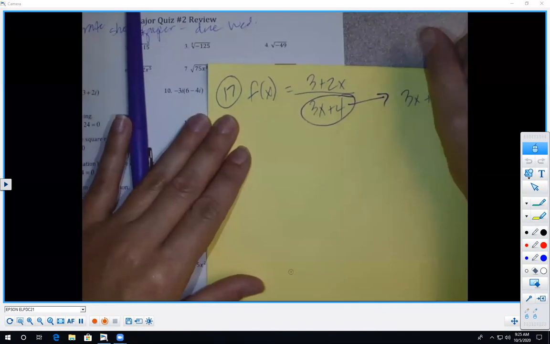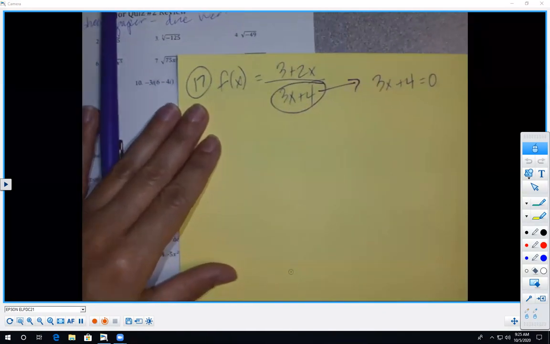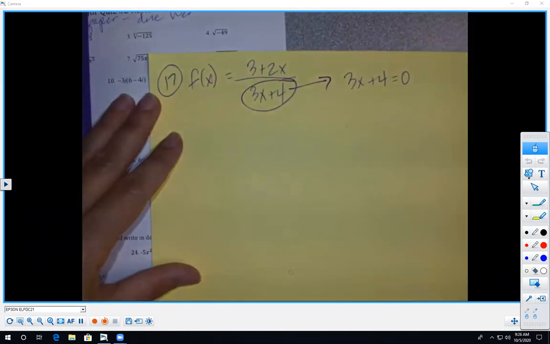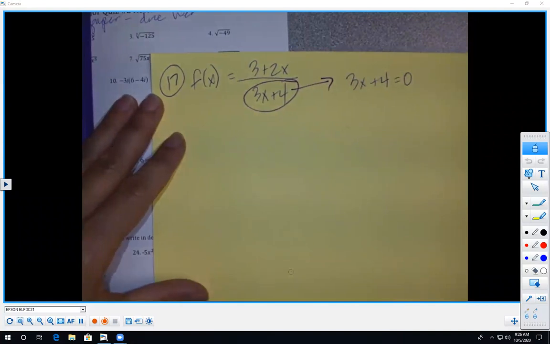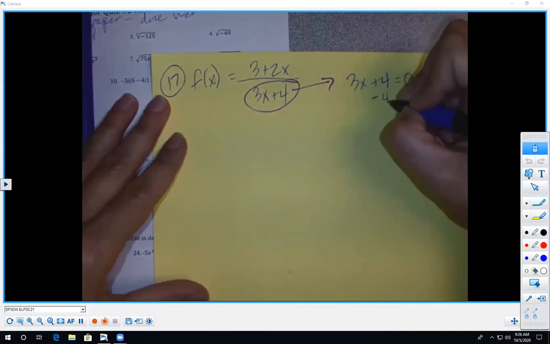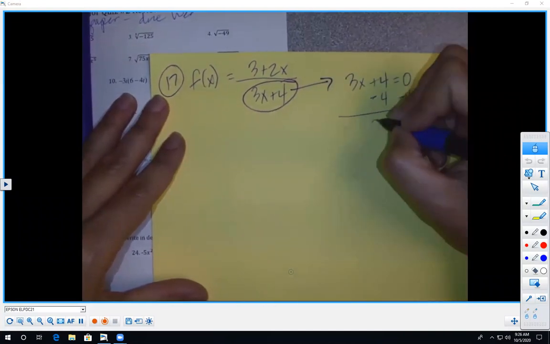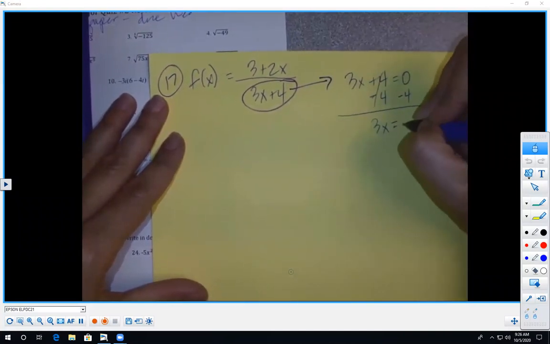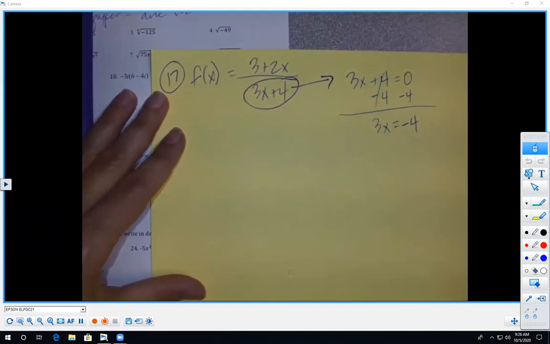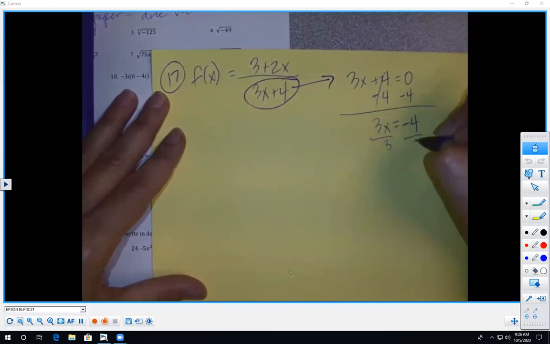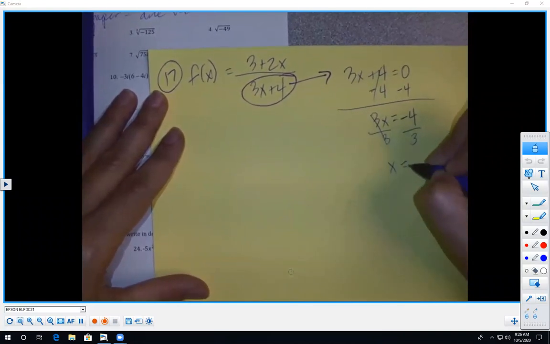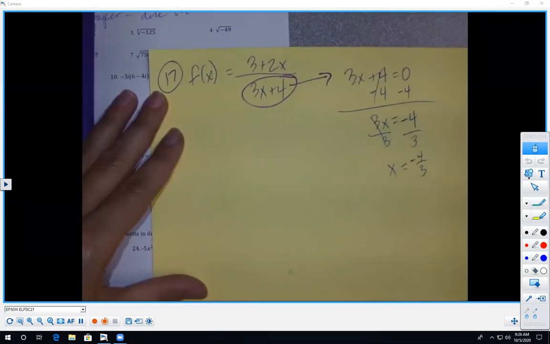So 3x plus 4 equals 0. So when you solve that, subtract 4 from both sides, and we get 3x equals -4. To solve for x, just divide both sides by 3, and I get x equals -4/3.